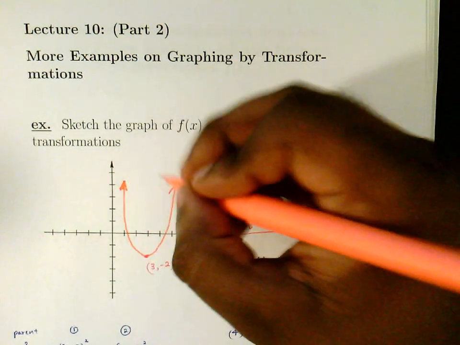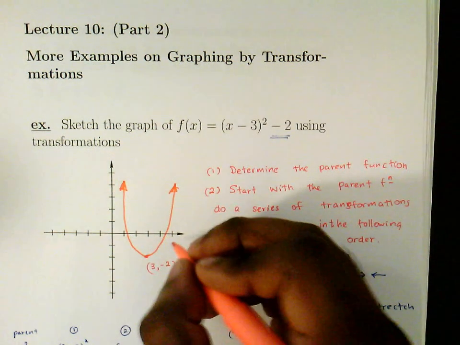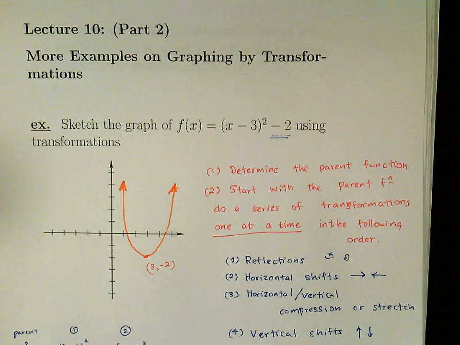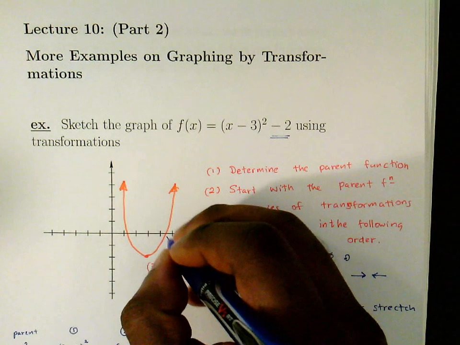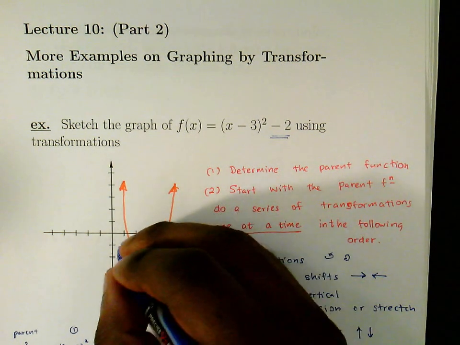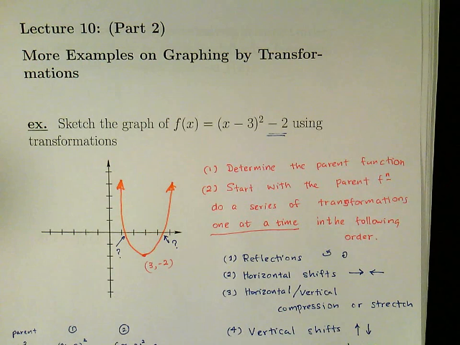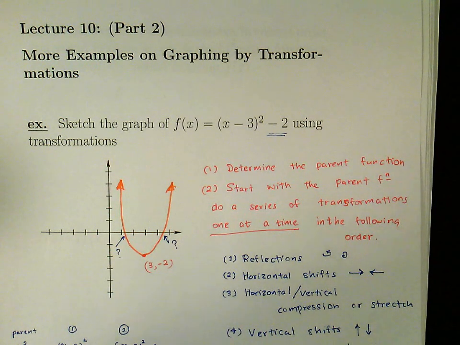Now some of the questions you might have is, can you find these points? Can you find these intercepts? Well, yes you can, but the point of this question is drawing using the transformations, and that doesn't matter for these questions. Of course you can find them, just set it equal to 0. It should be 3 plus root 2 and 3 minus root 2.